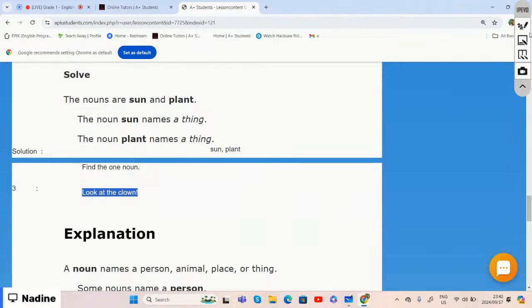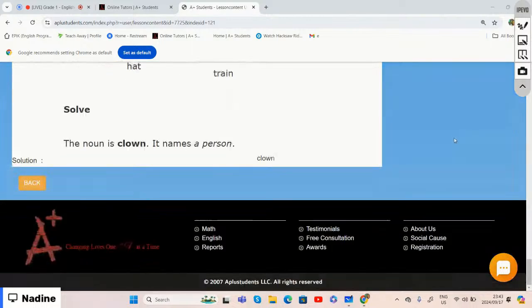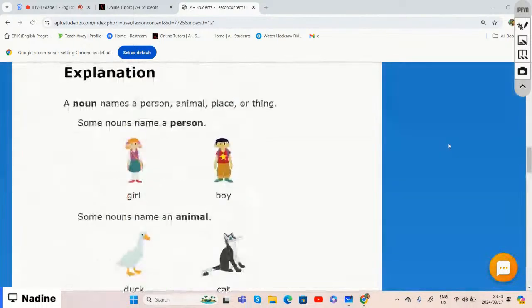And if we were to find our one noun, then we can say clown is our noun. It's a person, right?